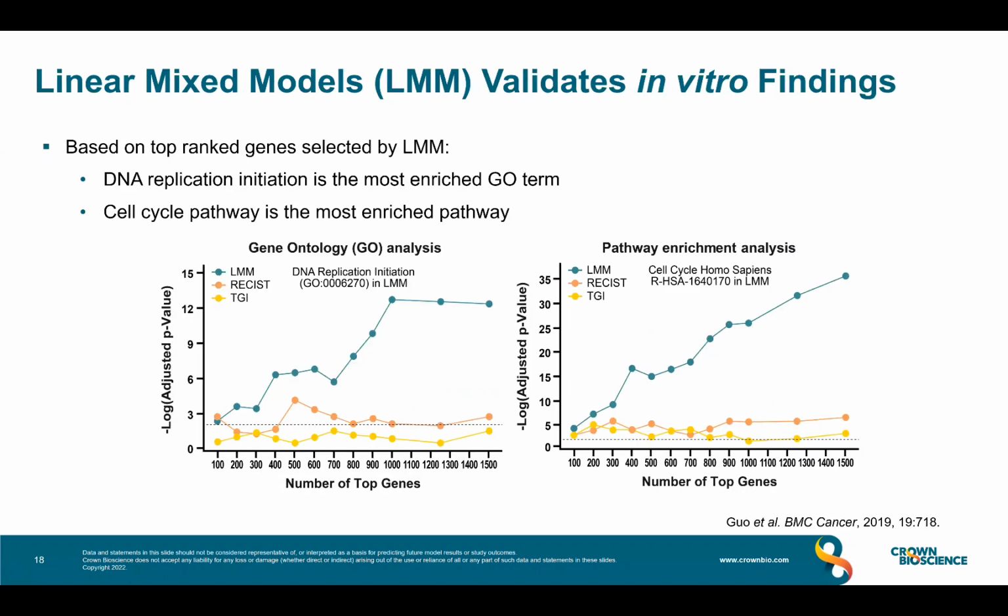By a linear mixed model approach applied on the in vivo dataset, we could verify the in vitro findings that the most significant GO term and the pathway for the top genes also indicate the MOA of the drug. So the most significant GO term is DNA replication initiation, and the pathway is cell cycle.